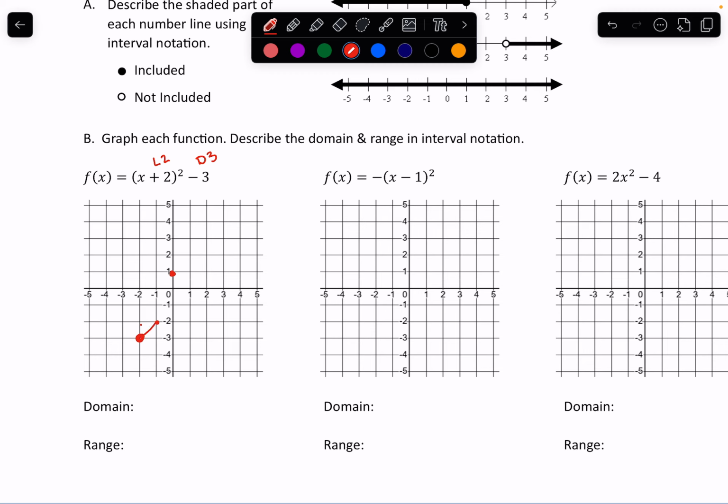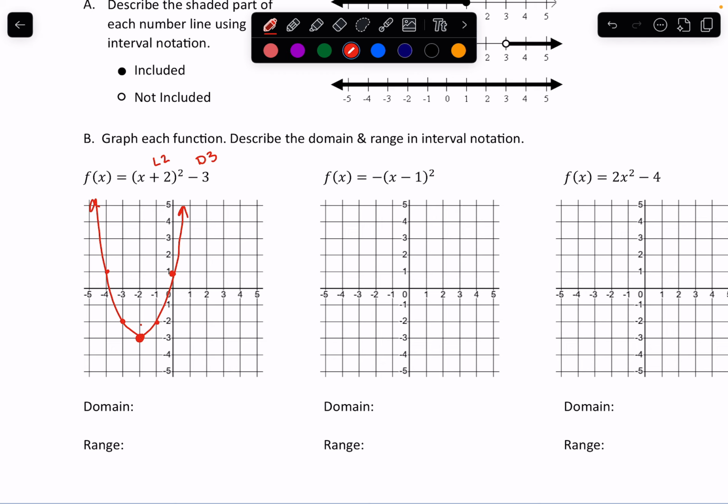So it's going to get steeper as it goes. It's not going to go up 1 over 1 every time. It's going to go up 1 over 1, but then it's going to go over 2, up 4 on the second one. So that gives you your U shape.